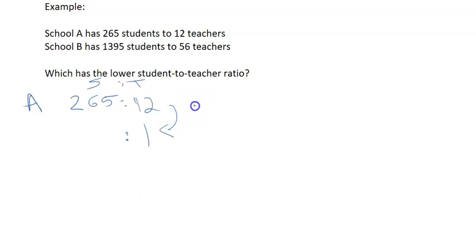So I'm going to take both sides in this case and divide by 12 so that I can get the teacher side to 1. So for school A, that ends up being 22.08 rounded.